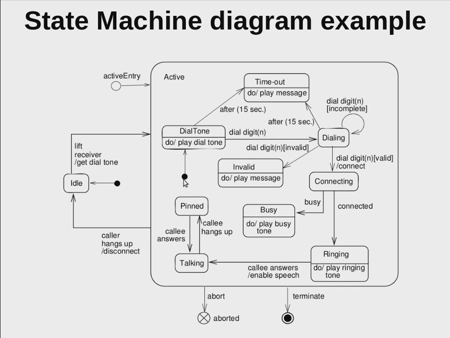And then you may explicitly show initial states with this initial starting point, a colored circle, and you can show where it is finished with a bullseye, or a colored circle inside another circle. And if it finishes with a bad state or aborted state, it is a circle with a diagonal cross inside it.